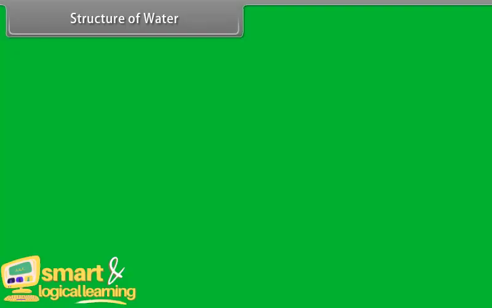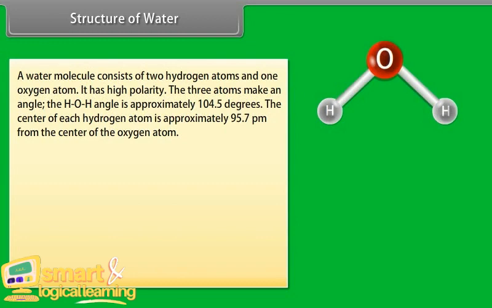Structure of water. A water molecule consists of two hydrogen atoms and one oxygen atom. It has high polarity. The three atoms make an angle. The HOH angle is approximately 104.5 degrees.